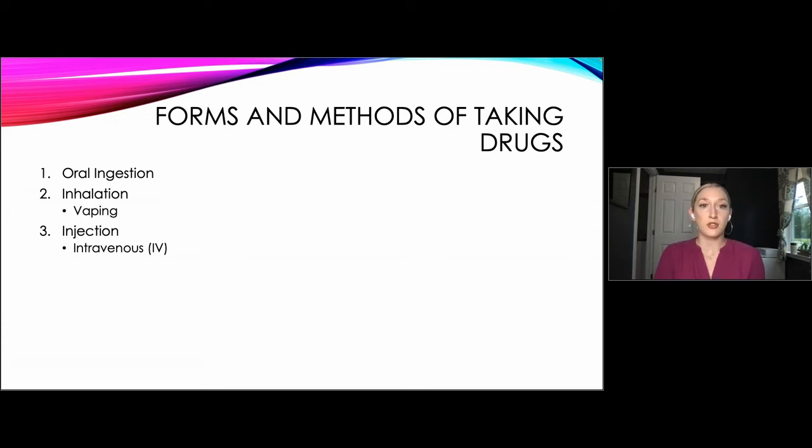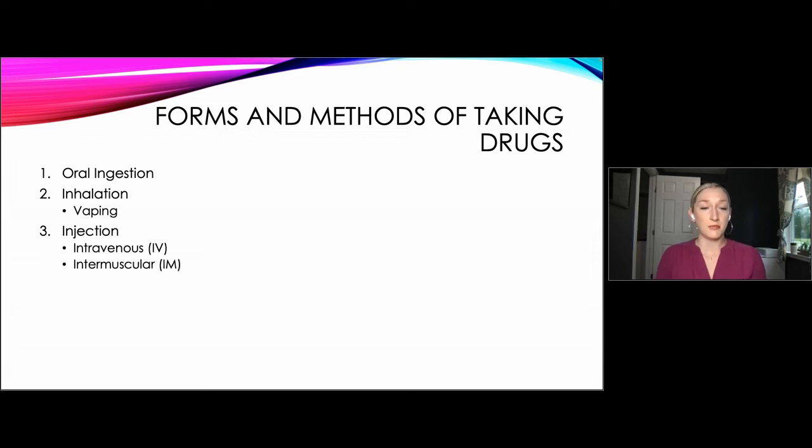That's why those who abuse drugs intravenously will have multiple spots around their body with needle marks, and you can have abscesses grow because of the infection from the numerous times of putting the needle into that vein. There's also the concern that the vein could collapse from overuse.